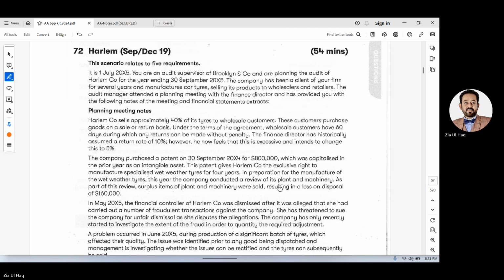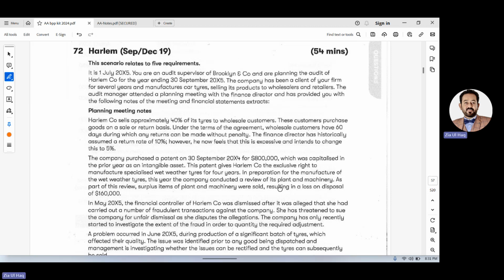This means if you are making sales on a sale or return basis, and historically 10% of sales come back to the company, then for this 10% you should not record the sales revenue, because there are chances that it will be returned. So you should record the sale to wholesale customers at 90% rather than the complete 100%.